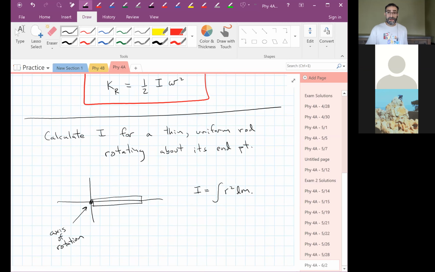First thing you want to do, pick some little arbitrary chunk. Don't pick a point at the very end. Don't pick a point at some special place. Some arbitrary little chunk of mass. Call that dm. And where is it located? It's located a distance x from the axis, and it has a thickness, a width of dx.